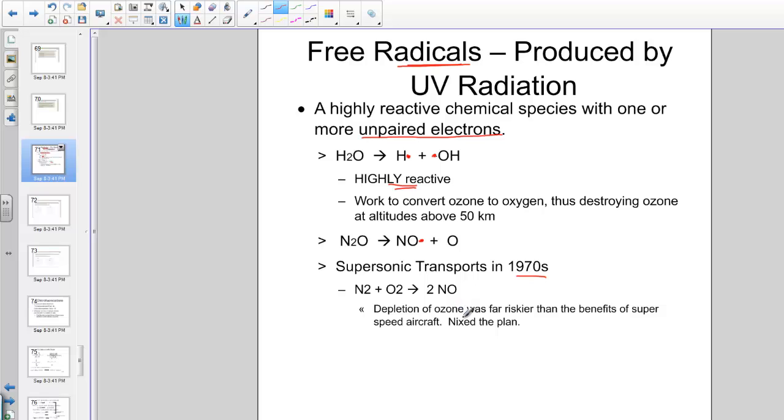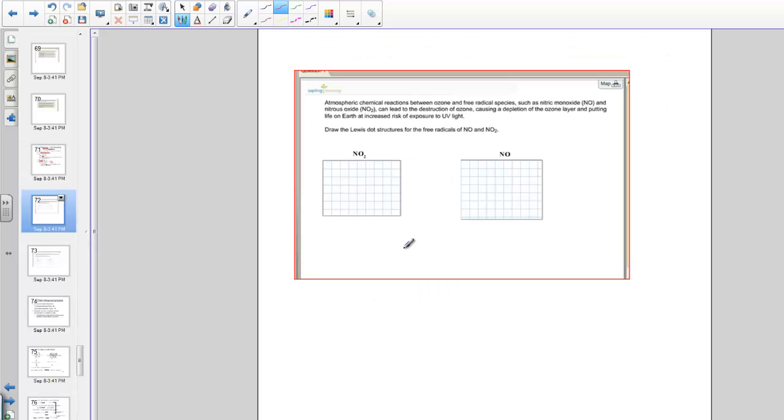One of the reasons we stopped researching supersonic transports is we were actually depleting the ozone at a very, very high rate due to the fuel that was being used to supply the engines for this particular research.